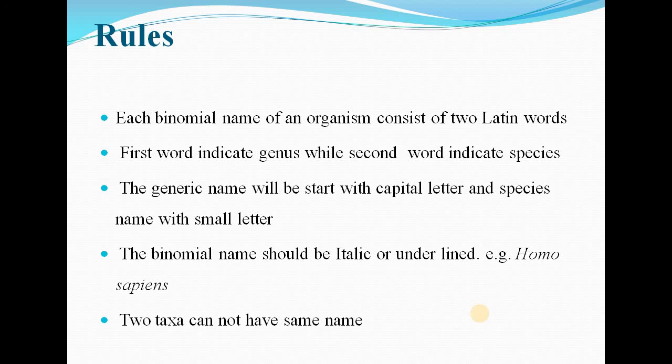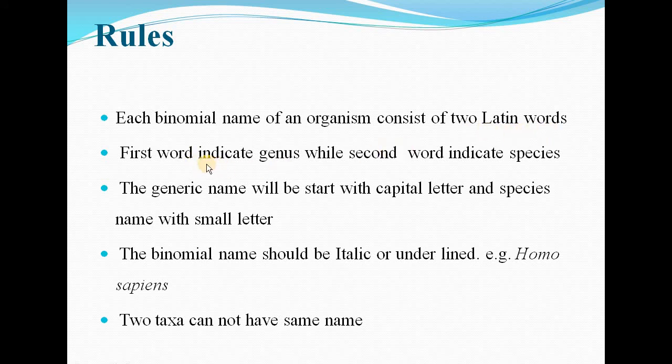In binomial nomenclature, certain rules are to be followed, which we'll discuss one by one. First, each binomial name of an organism consists of two Latin words. That is a very important point. Every organism name will have two Latin words.